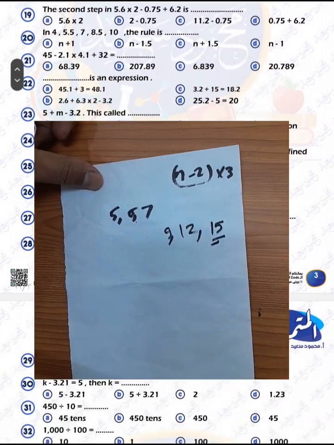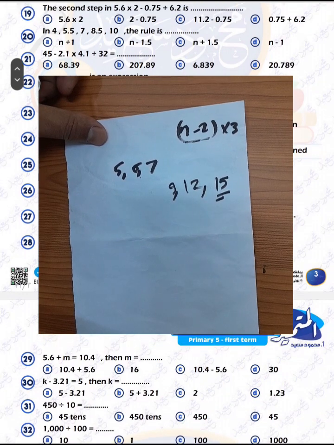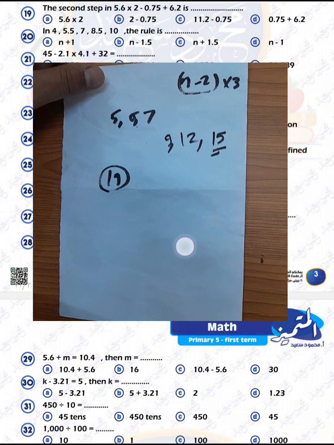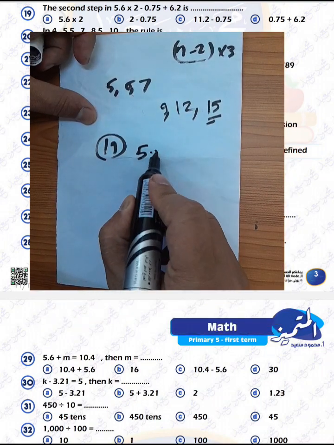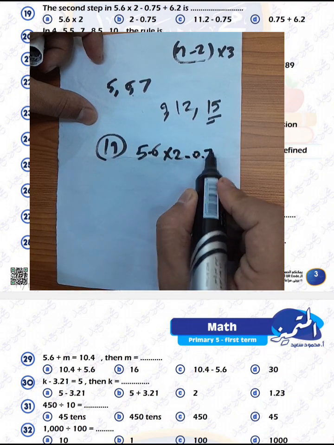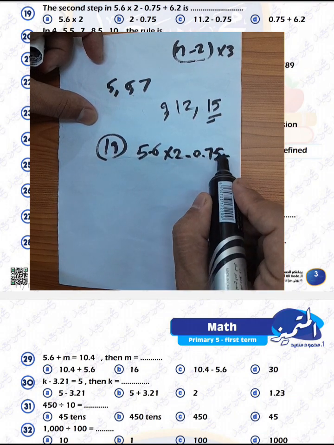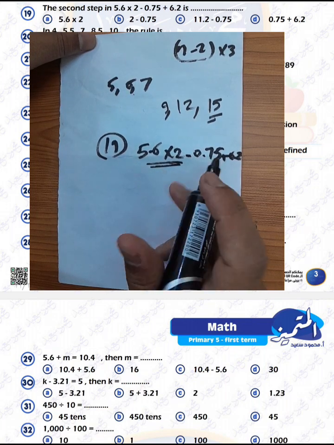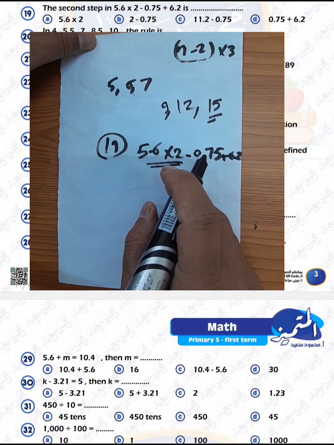Next question, 19. The second step here: 5.6 times 2, subtract 0.75 plus 6.2. The first operation here will be multiplication.